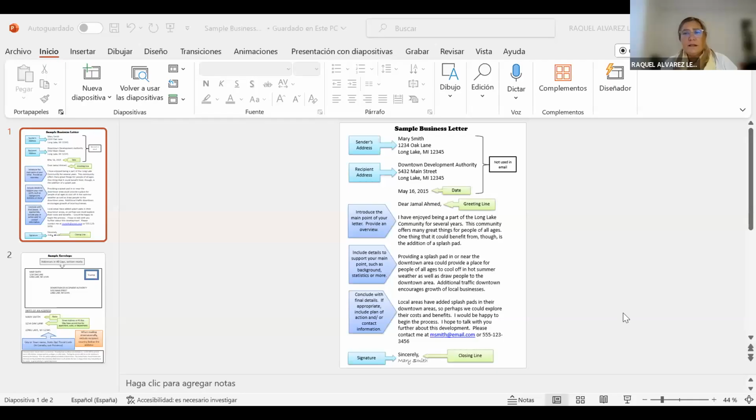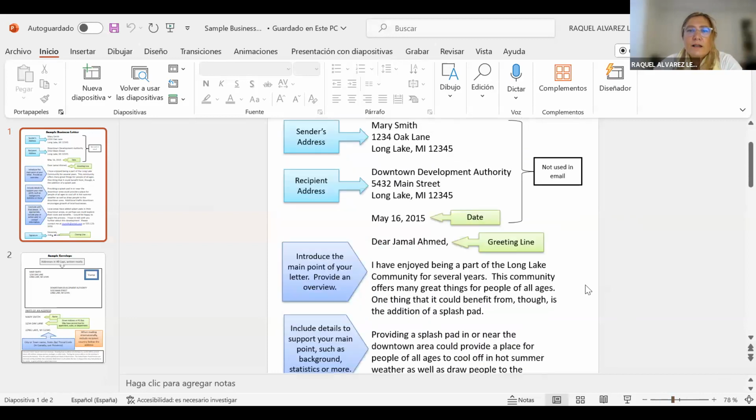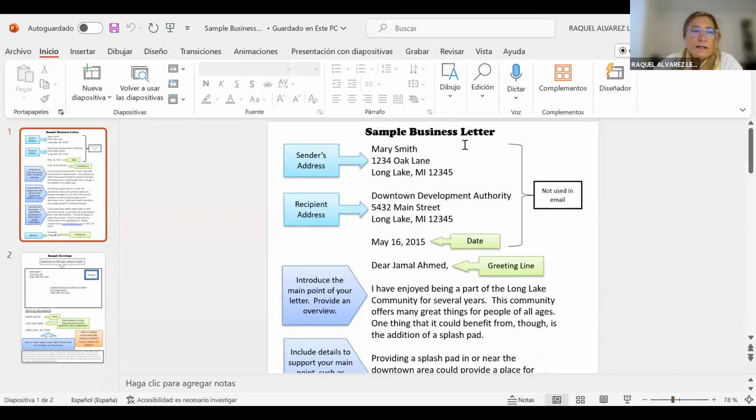So here you're going to see a more formal sample or example of a business letter. When I say business letter, I'm saying a business email and so on. So as you can see here, this is a sample business letter, okay?